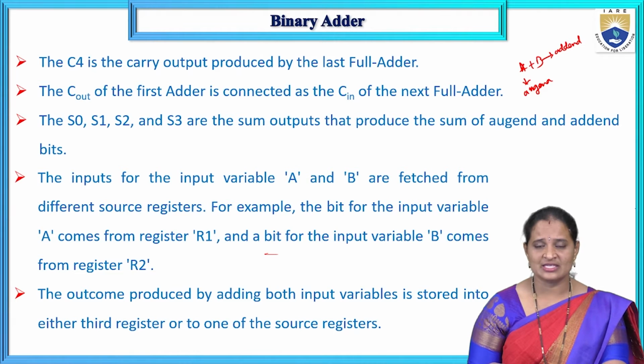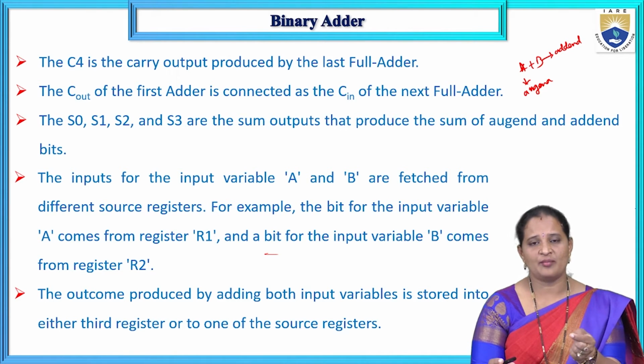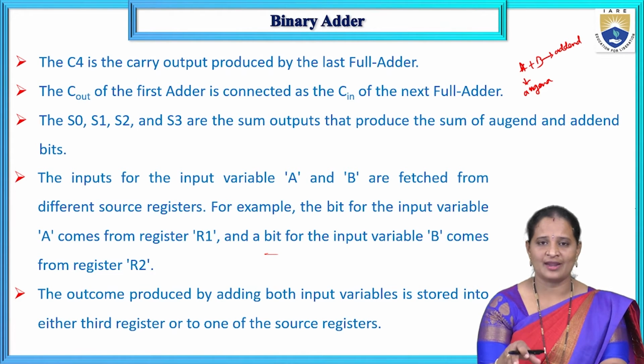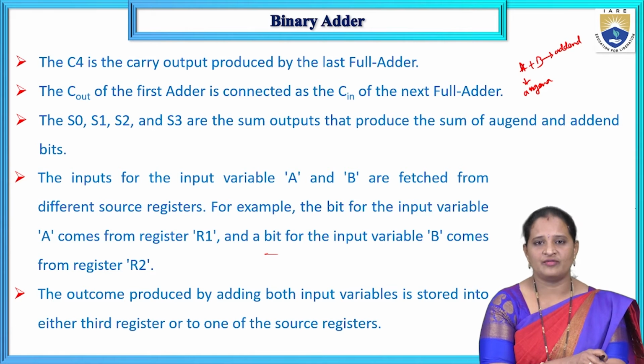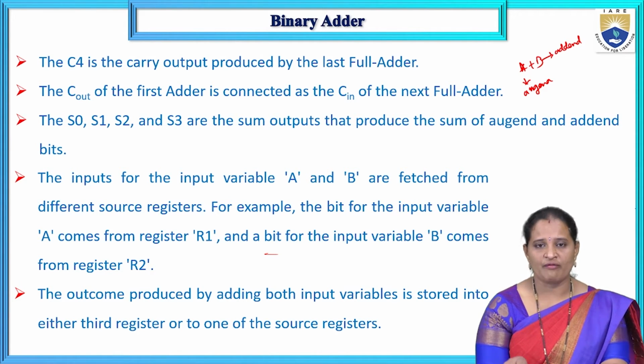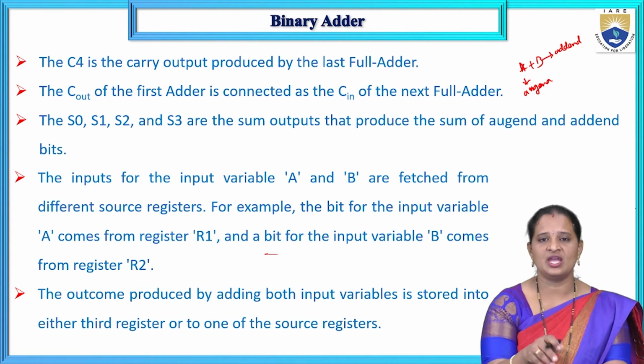The only thing is, it requires a small amount of time to apply the carry output of one full adder to the carry input of the other full adder. That means there is a propagation delay of carry from one section to the other.